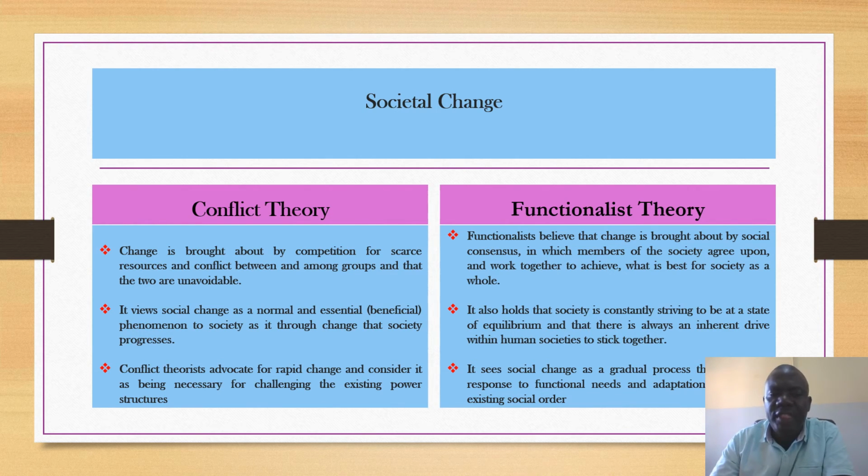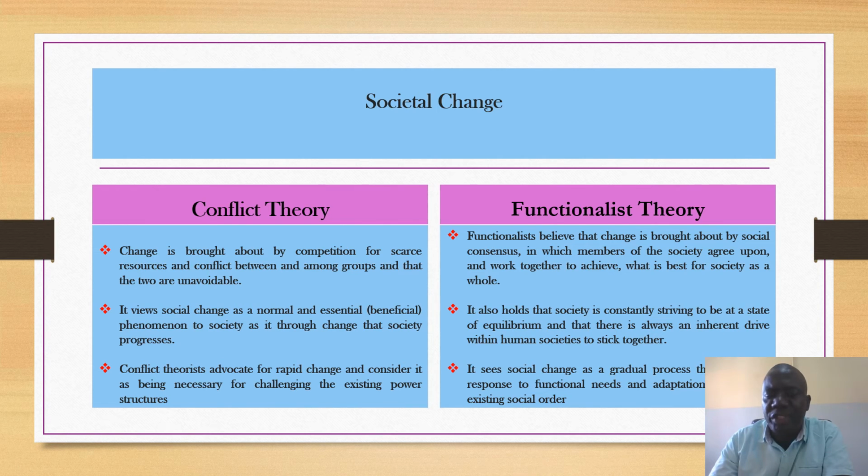So that change, according again to conflict theory, is brought about by competition for scarce resources and also conflict between and among groups. So that for conflict theory, although there is change, the main source of change is competition and conflict between competing groups. While for functionalism, the main driver of change is social consensus.